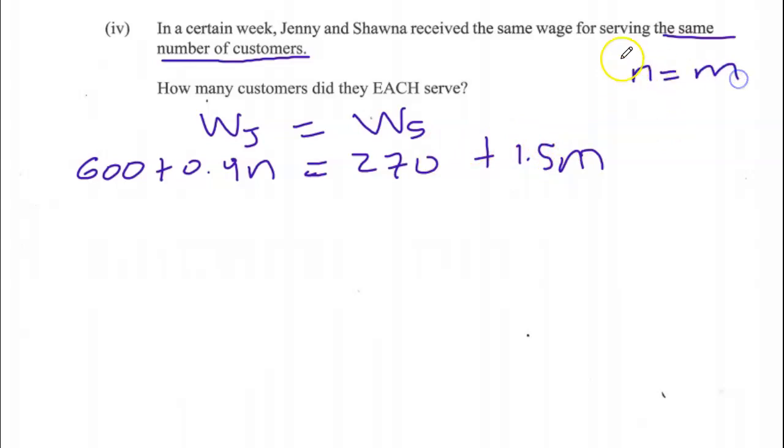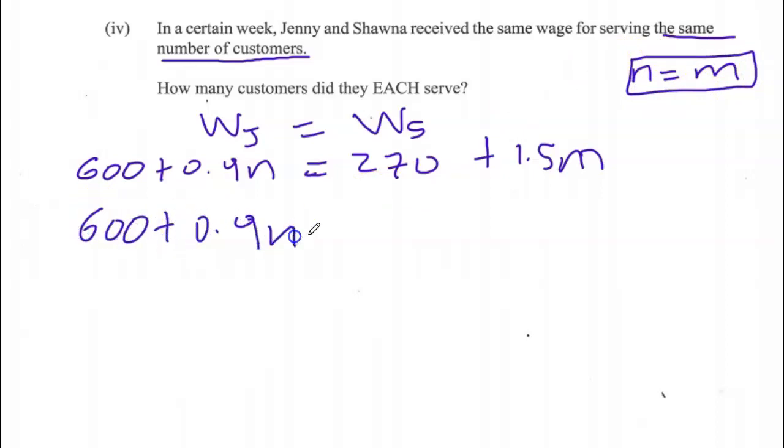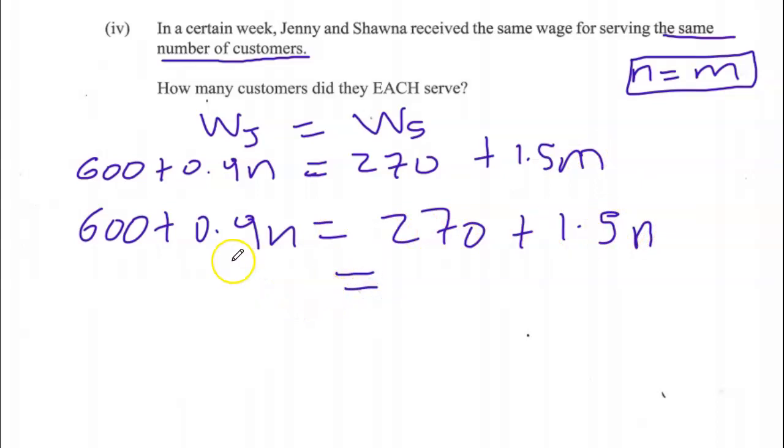Alright? So in this equation, of course, we could use N for both, since they serve the same amount. So whatever the value of M is, the value of N is also the same thing. So this M, we can replace it with N, since they are supposed to be the same value. And of course, we can solve now. Let me group the N over the right hand side.